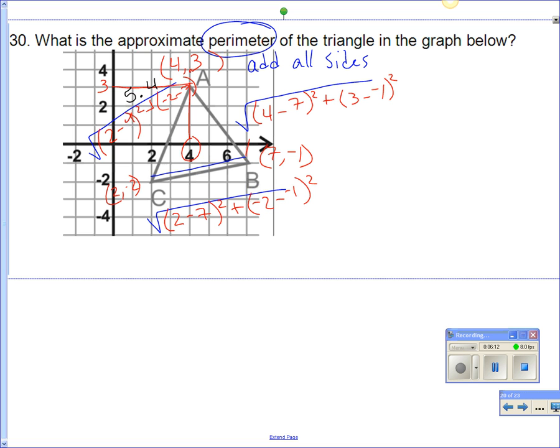All right, now I'm going to jump to the bottom, typing it in my calculator. 5.1. And for the last side, I get 5. Remember, I still need to add all the sides, so 5 plus 5.4 plus 5.1 gives me 15.5. If you got 14.8 or 15.7, anything close to that is fine.